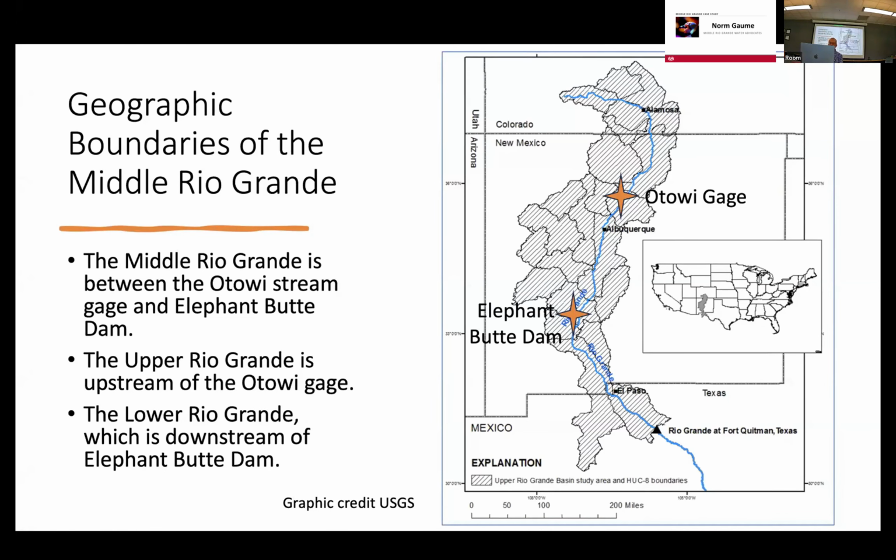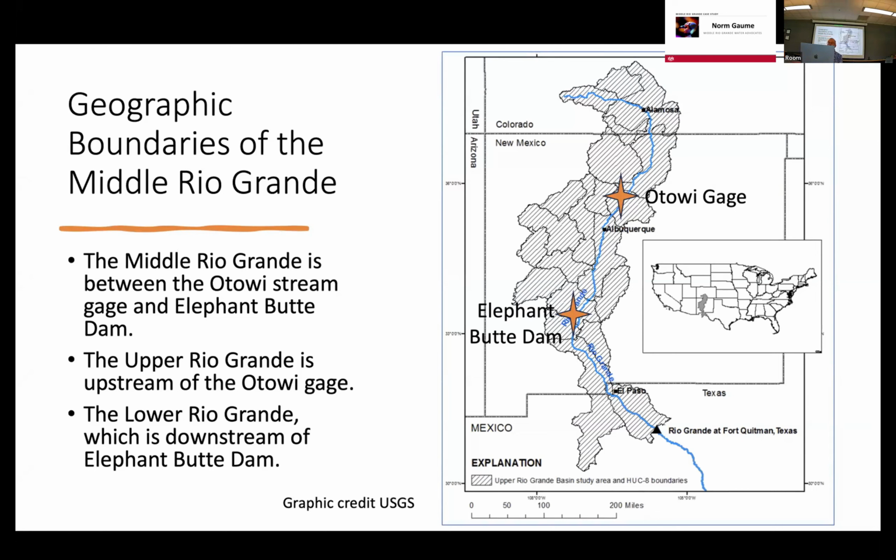Let me start with the geographic boundaries of the Middle Rio Grande. The gray shaded area is the basin of the Rio Grande above Fort Quitman, Texas, at which point the river almost always is dry. The water's used up. Colorado's on the north, New Mexico in the middle, and a small piece of Southwest Texas and part of Mexico on the south.